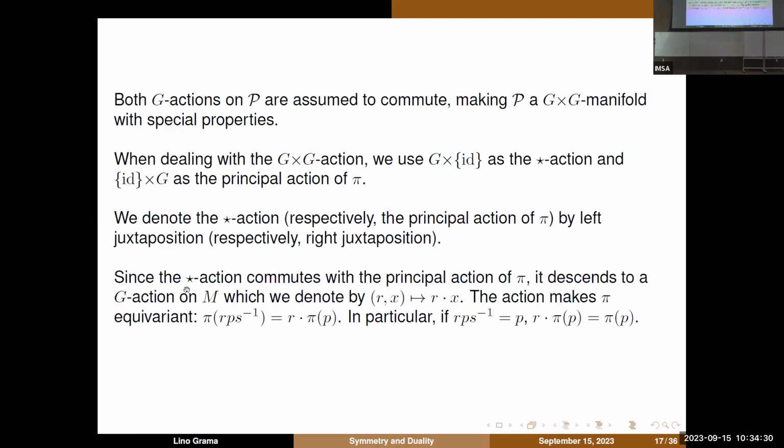The star action commutes with the principal action, and it descends to a G action on M. This makes pi equivariant. This is how we preserve the fibers, and you can make another action.